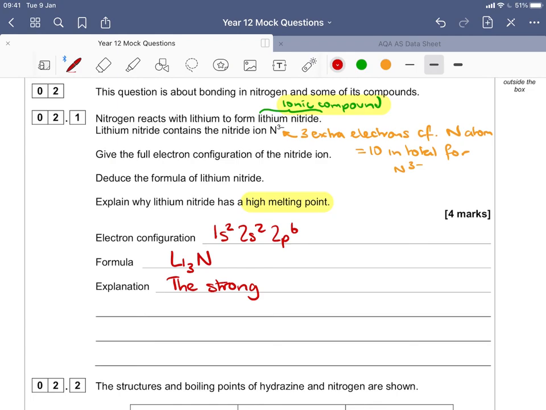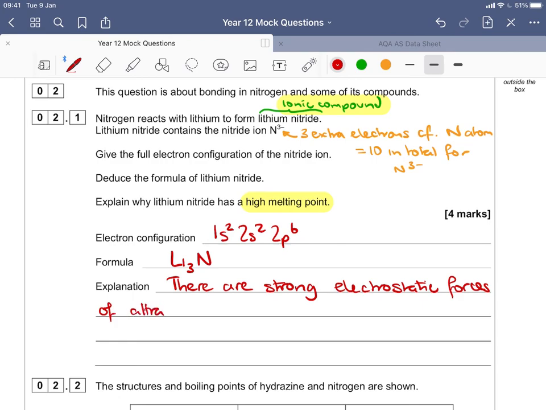So there are strong electrostatic, you don't need to put the electrostatic because they will just allow forces of attraction. So there are strong forces of attraction.